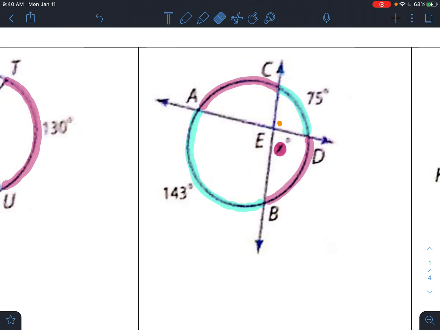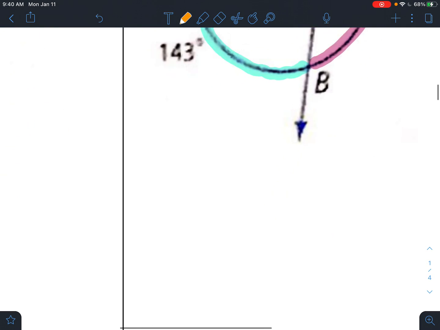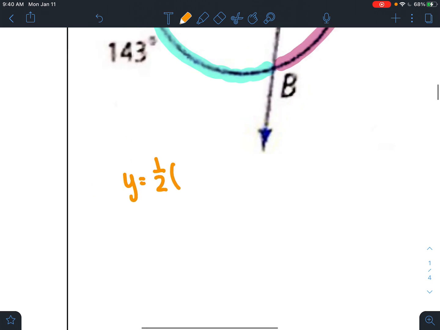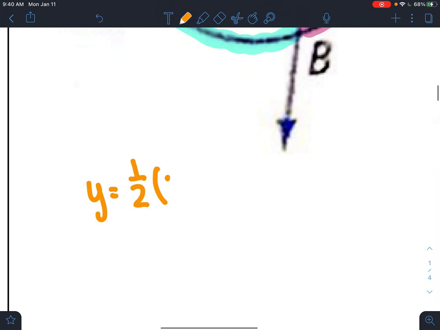So let's go ahead and call this y. Let's find y first. Using that same theorem, y is equal to 1/2 the sum of those two intercepted arcs. So I'm going to add 75 and 143 together, which is 218.